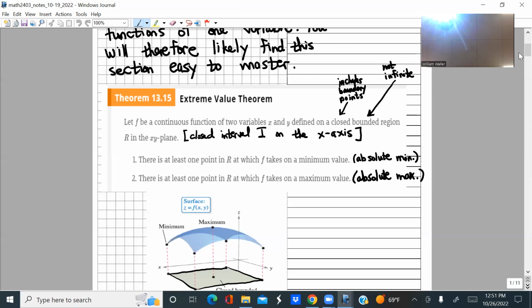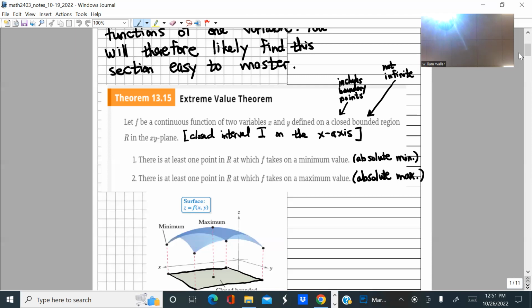It can be any shaped region in the xy plane, as long as it contains its boundary as part of the region, then you're guaranteed a maximum and minimum of your function. The problem is the maximum or the minimum may occur on the boundary. Right? It doesn't have to occur somewhere in the middle of the region. So the maximum may occur on the boundary.